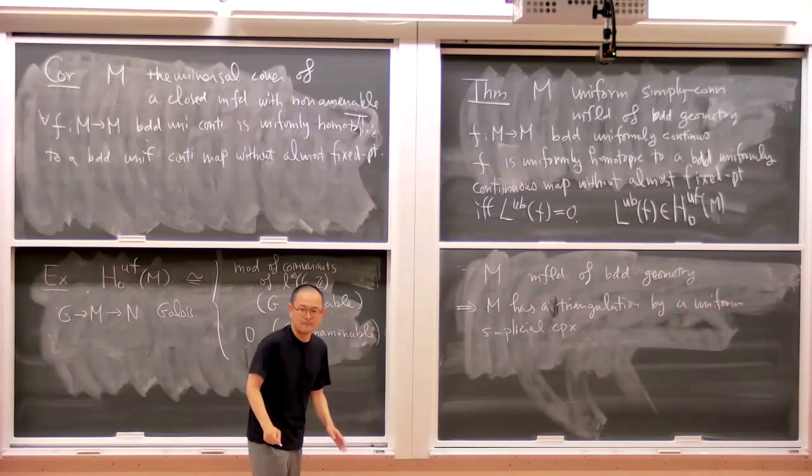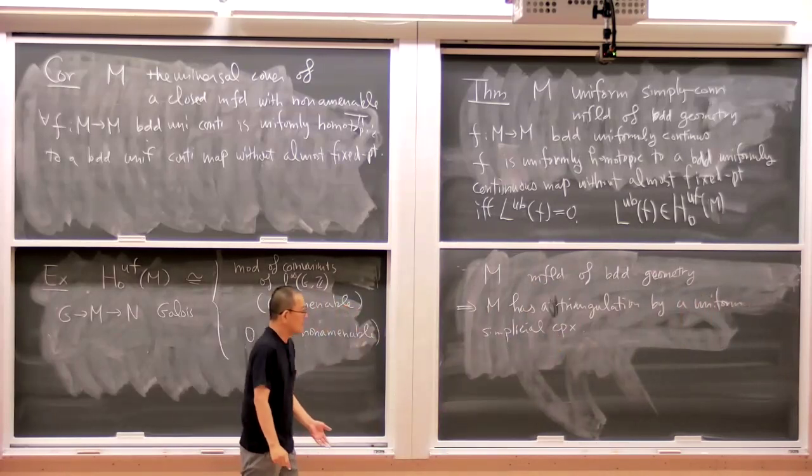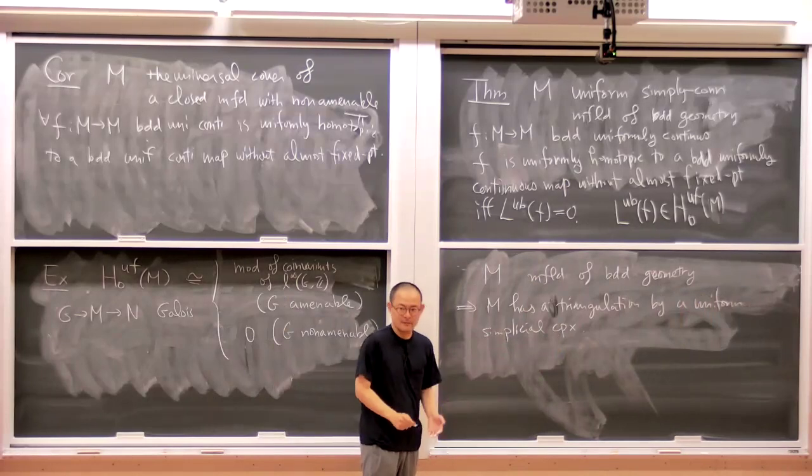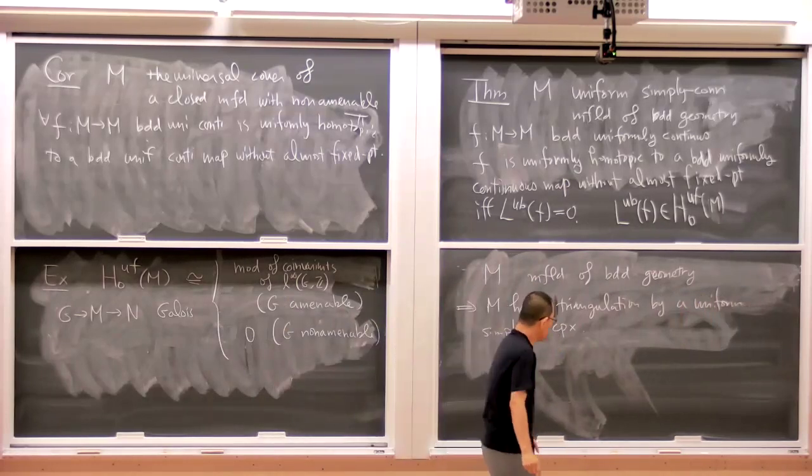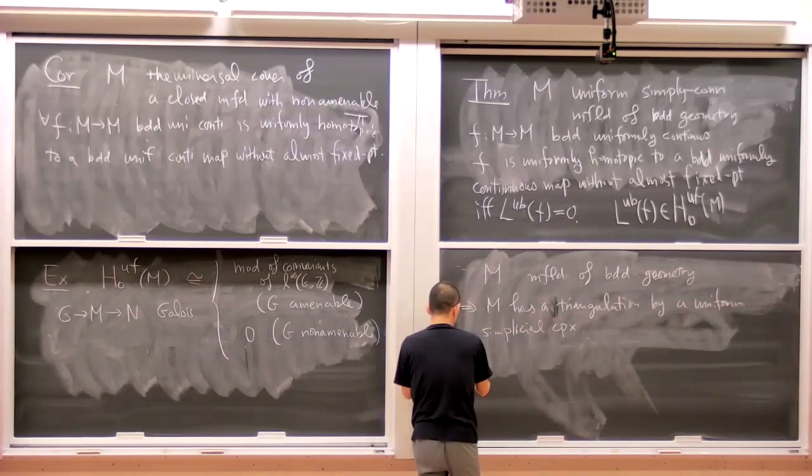What is a uniform simplicial complex? It is a geometric simplicial complex satisfying the following conditions.